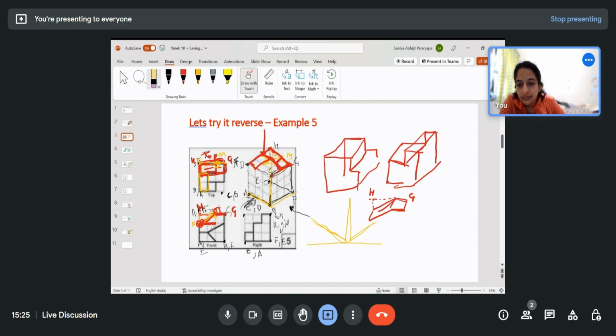Now from this figure, I can see that there is only one square visible over here. Like this, there's only one line, and here there is no line. So there's only one line.